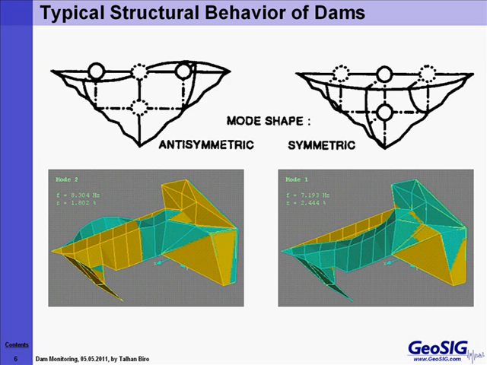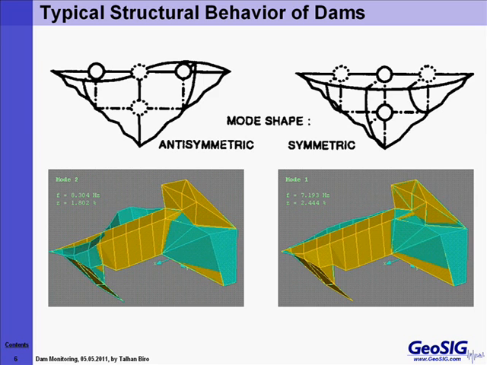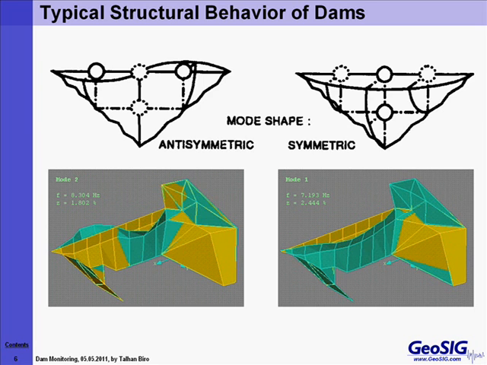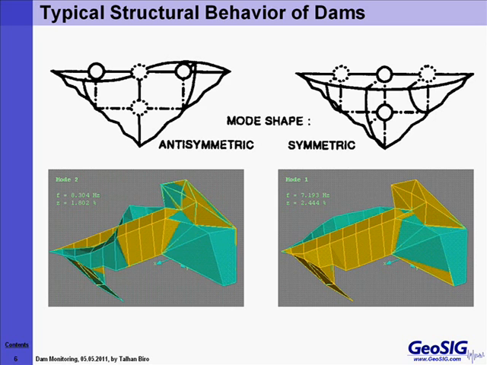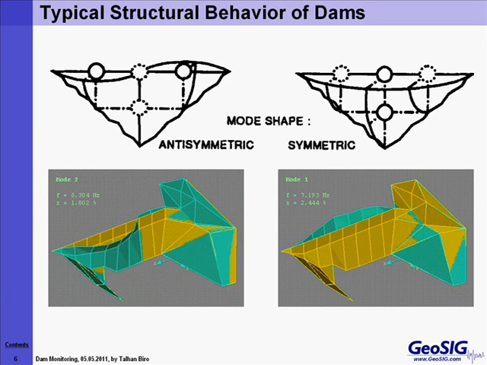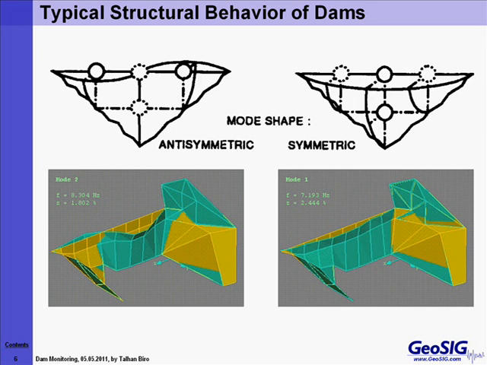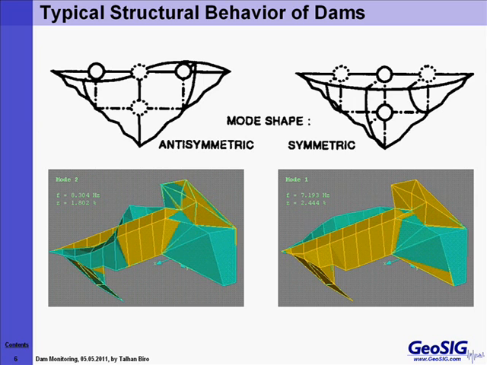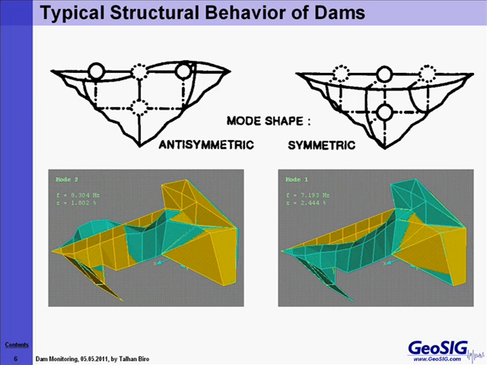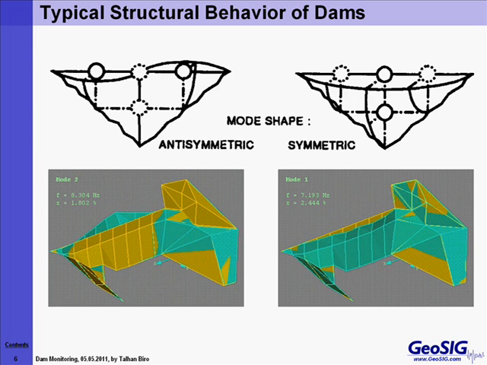The one you see on the right-hand side is the transverse movement of the dam structure, transverse to the center line of the dam itself. As you can imagine, this is mostly caused by the water that is being held, the movement of that water mass, as well as the ground motions trying to destabilize the system.